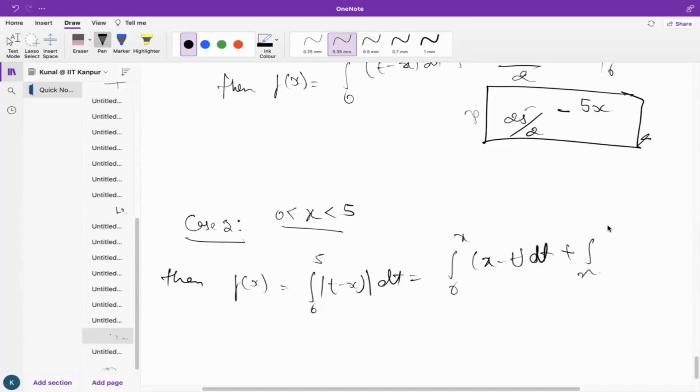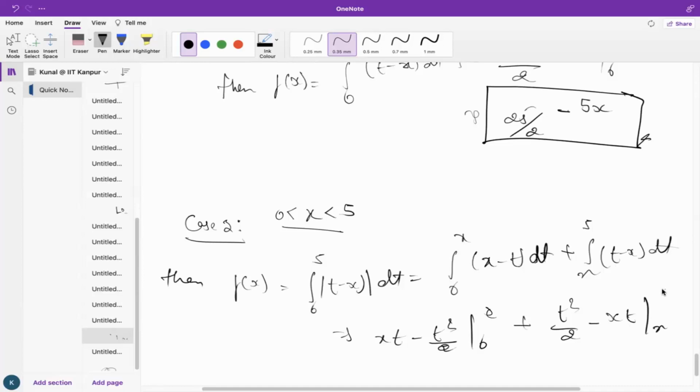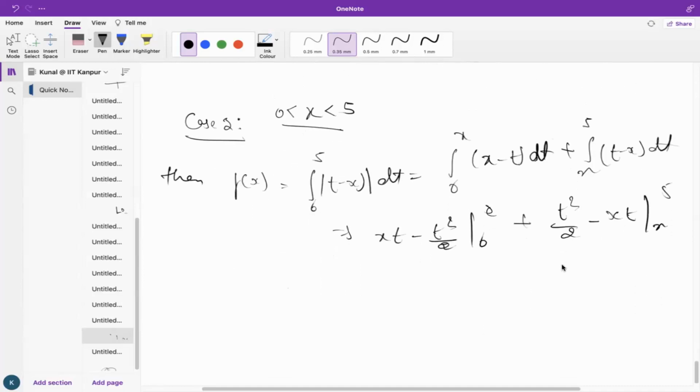And from x to 5, it is positive, so it will be t minus x dt. Now integrating it, you get t square by 2, integrated from 0 to x, plus t square by 2 minus xt from x to 5.